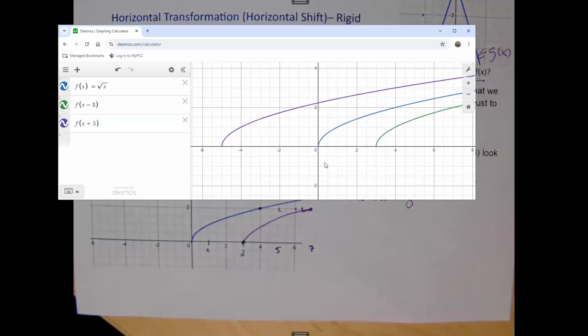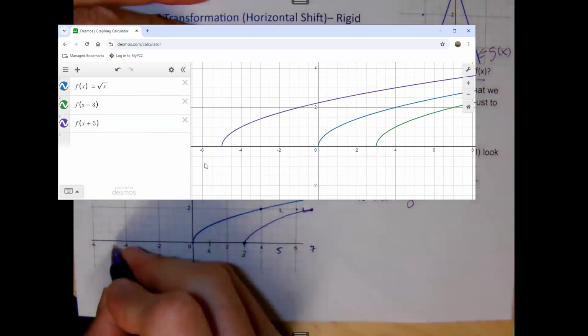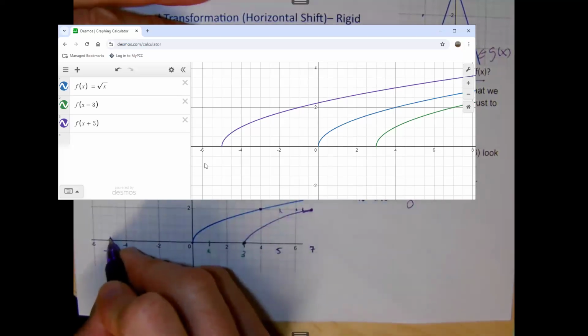Over a little bit. Now it looks like I have shifted 1, 2, 3, 4, 5 units to the left. So now it looks like I've taken this point and moved it all the way here to negative 5.